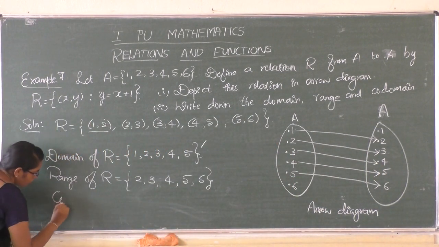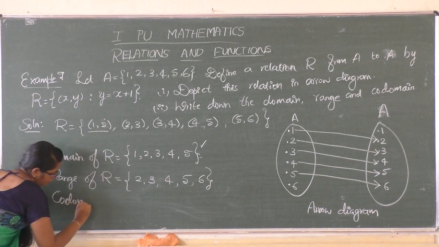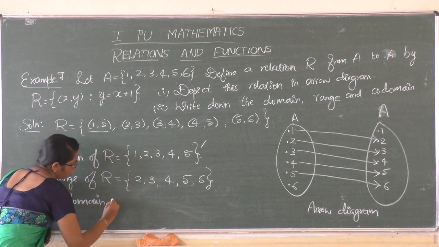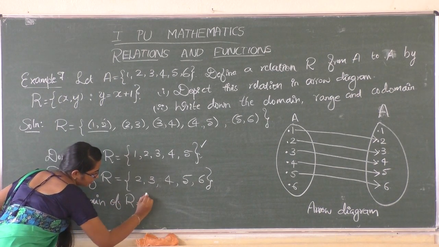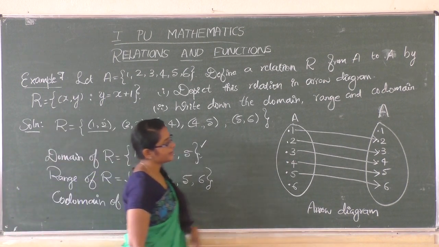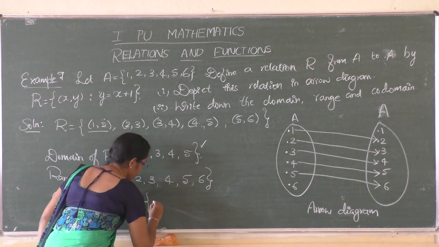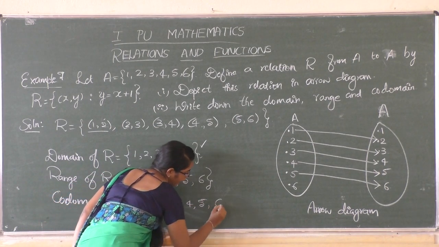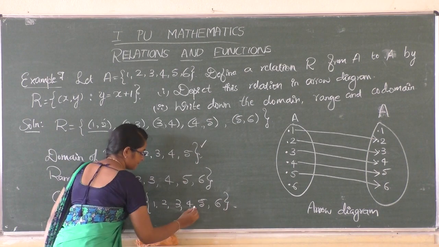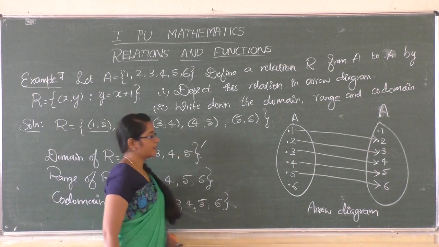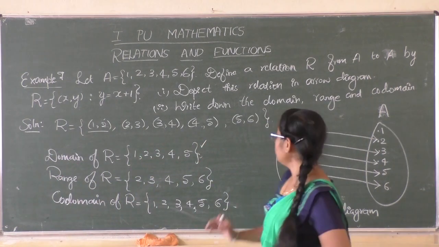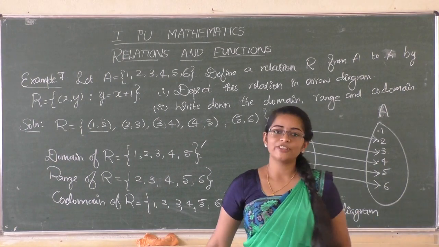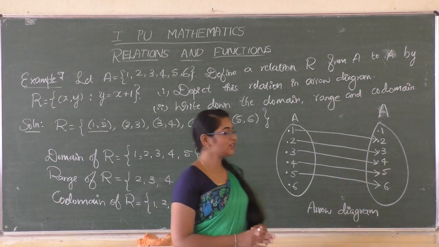And coming to the codomain, codomain of R is nothing but the whole set A, that is 1, 2, 3, 4, 5 and 6. Okay, this is how we need to answer this question. I hope you are following this much.